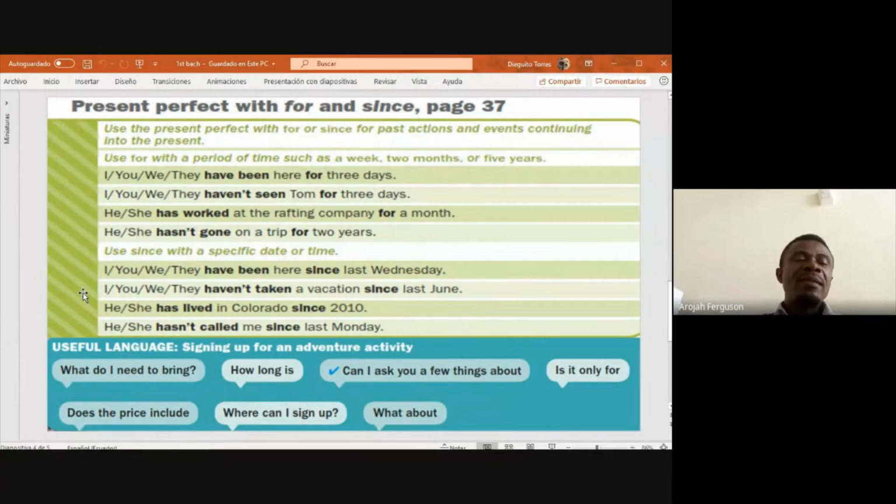The next example also has he or she, singular verbs. She hasn't called me since last Monday. So we use since for a specific time, normally in the past.